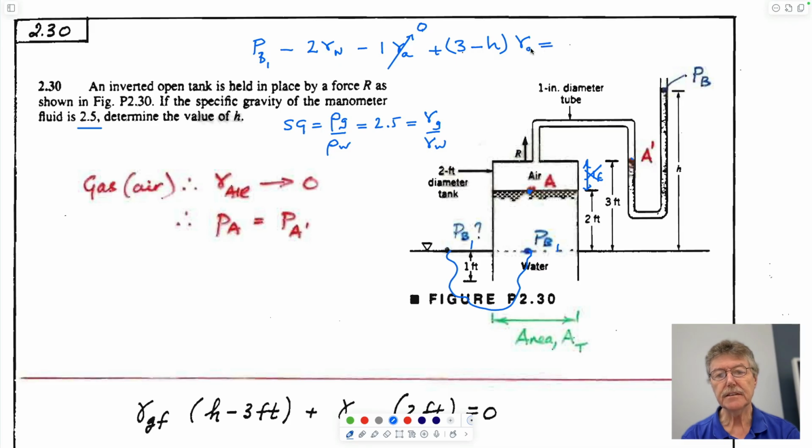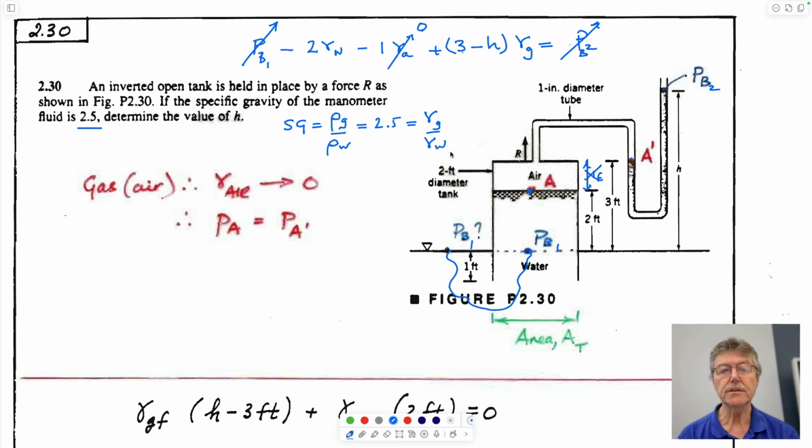And this is equal to PB. Call it PB2. But of course, this is the atmosphere. So going up h feet, however much that is, isn't very much because the change in elevation is in a gas, which is negligible. And so this and this are equal to each other.